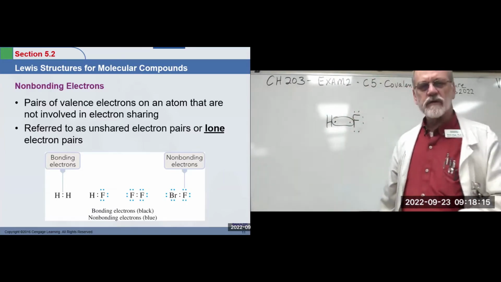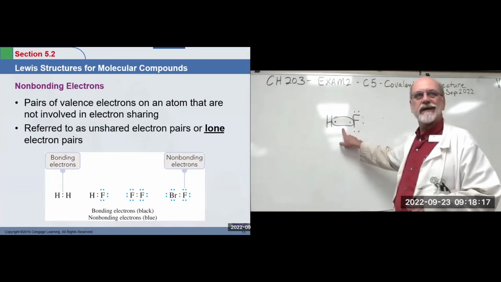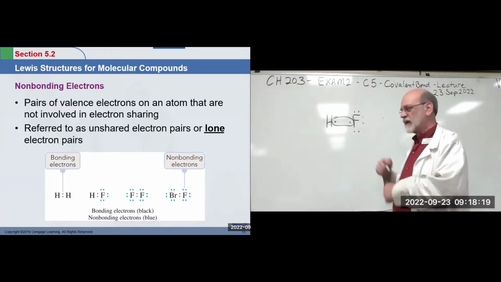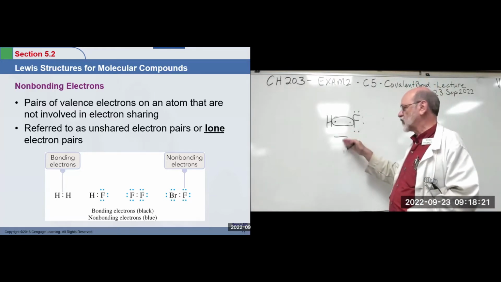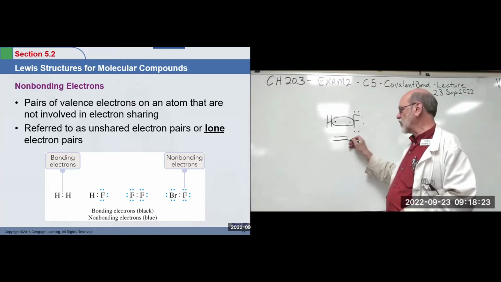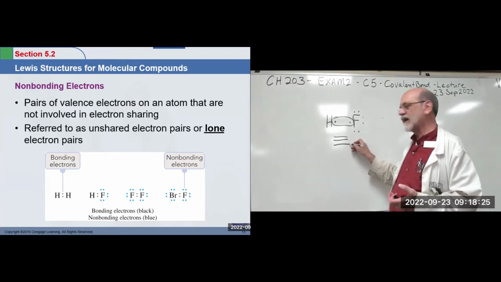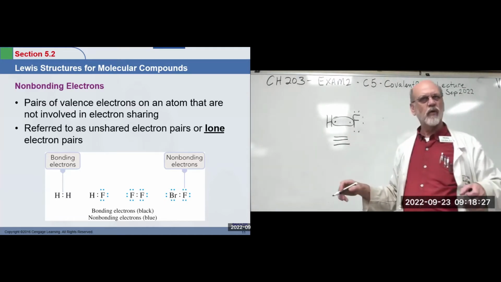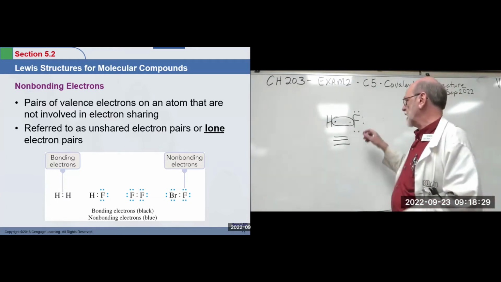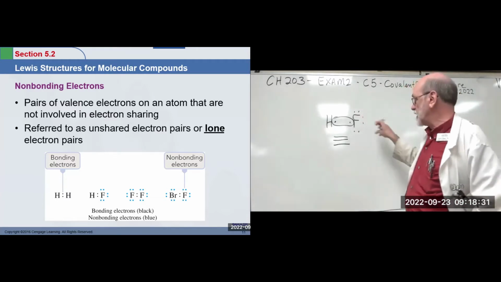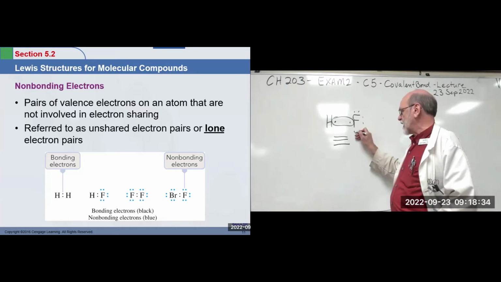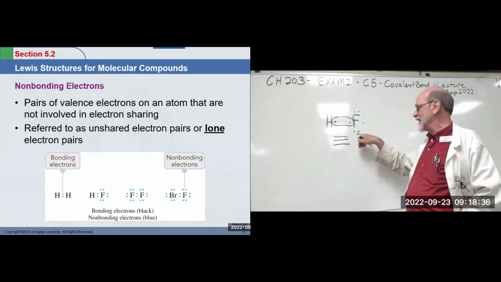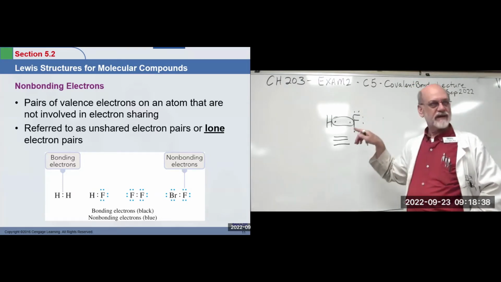Okay, these others, these are called bonding pairs. When you have a single line between them, that's 1 bonding pair. Or you can have a double bond, 2 bonding pairs, or 3 bonding pairs. I've never seen 4. But we need to name everything, right? So these are non-bonding pairs.